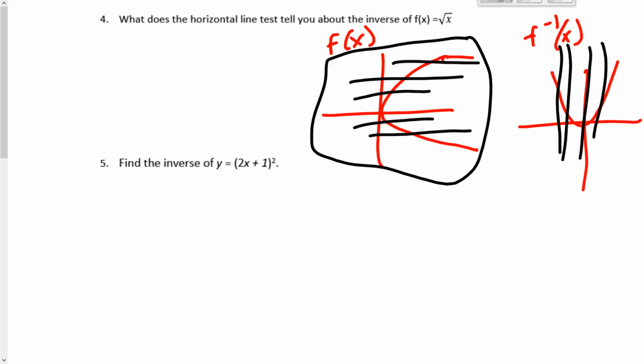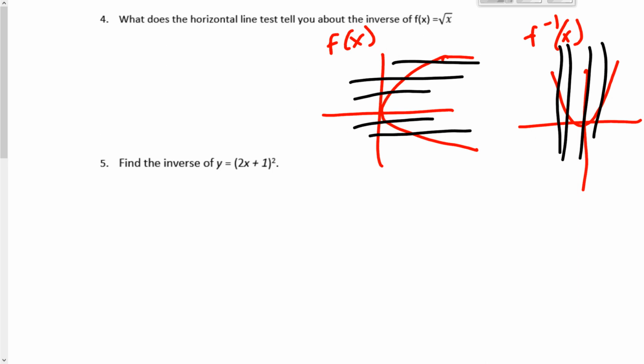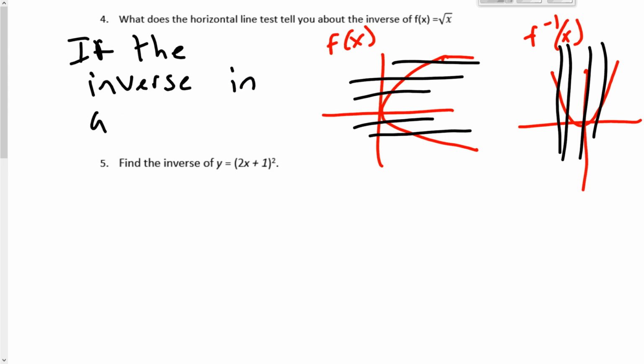Well, the vertical line test on the inverse tells us if the inverse is a function or not. Okay, so the horizontal line test on a function will tell us if the inverse is a function or not.